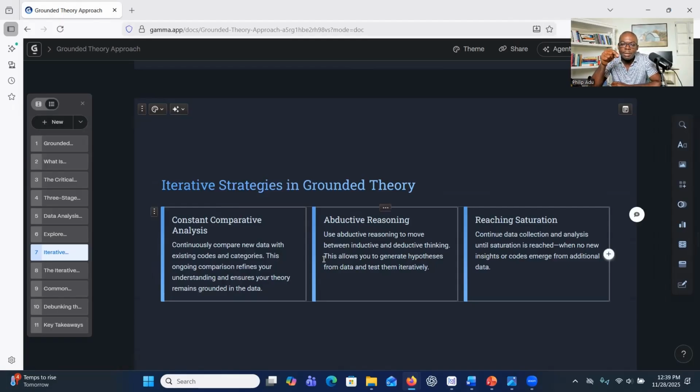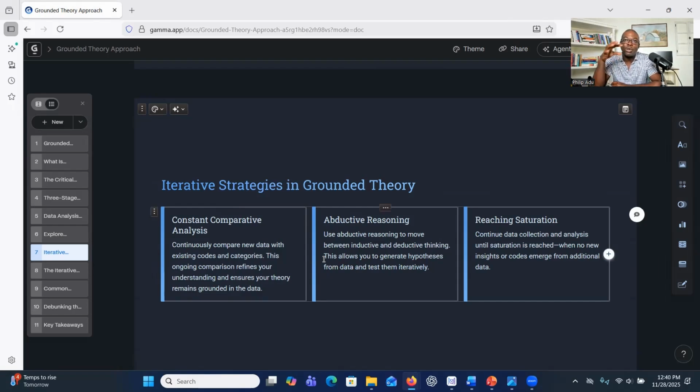Another concept that you have to think about is called adaptive reasoning. It's a combination of inductive and deductive reasoning. Inductive means that you are moving from having data to developing a theory. Normally in qualitative study, we follow inductive reasoning. We collect data, analyze and develop themes, and sometimes go beyond developing themes to develop theory.